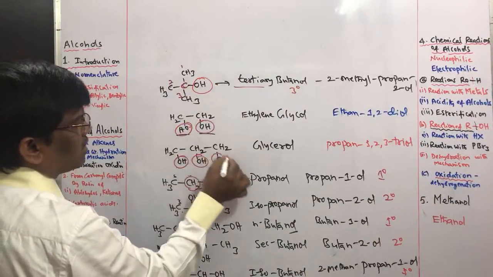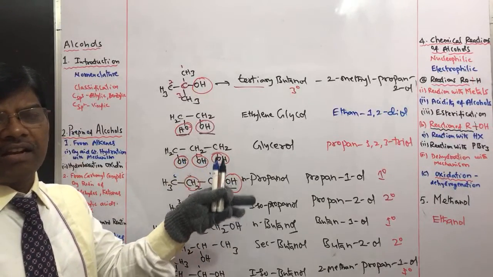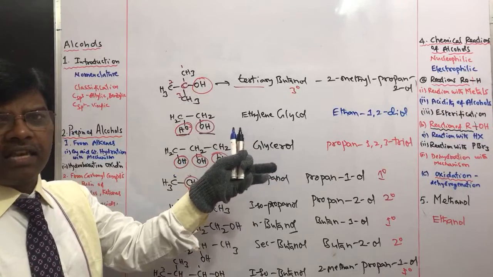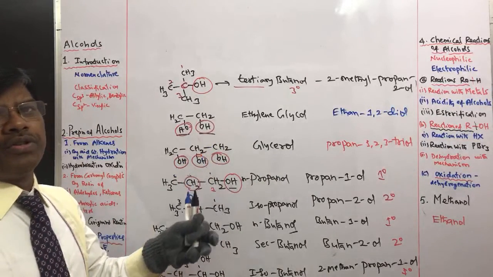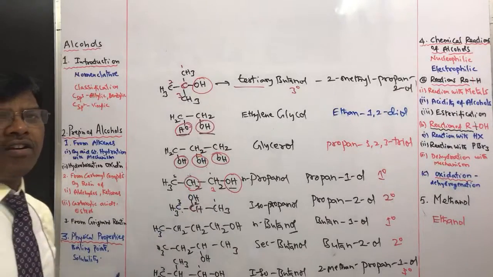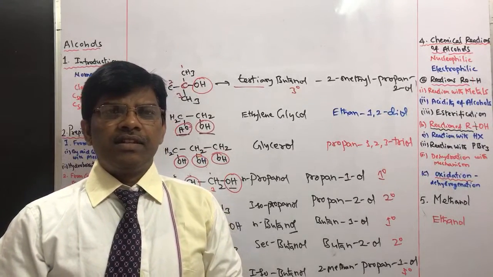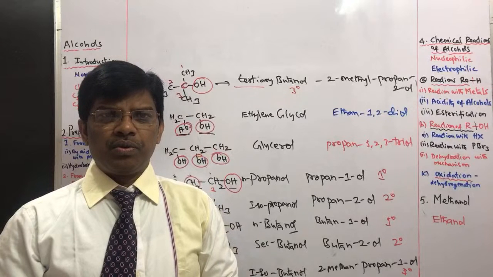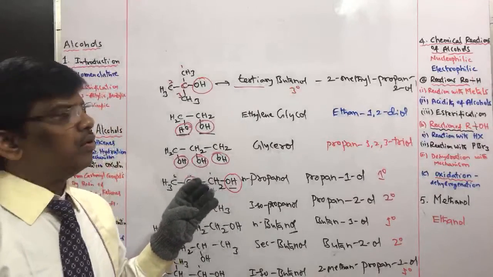Dihydroxy, trihydroxy; more than trihydroxy, you can name it as tetrahydroxy or pentahydroxy. But more than that, you can say polyhydroxy compounds. For example, glucose, sucrose, all the carbohydrates will have polyhydroxy groups.